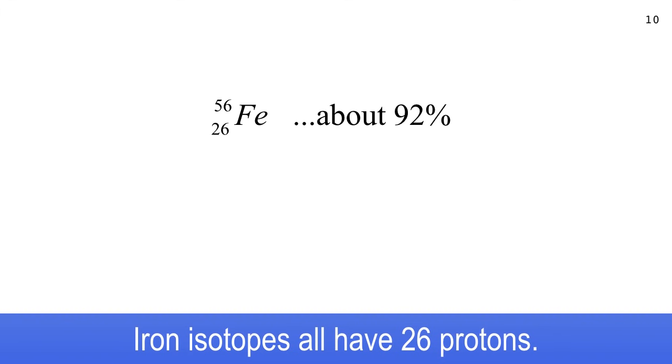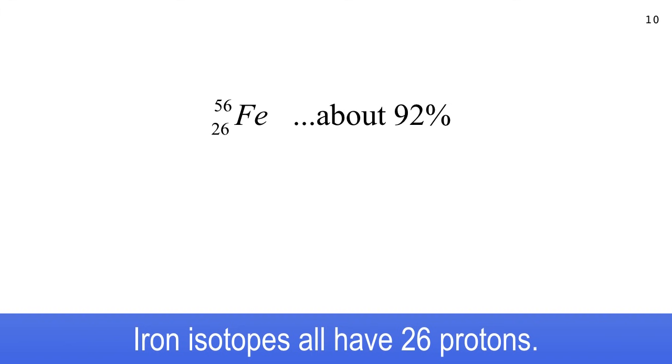Now the number downstairs, the subscript before the chemical symbol Fe, that's the atomic number. And that tells you how many protons are in the nucleus. Now 56 tells you how many nuclear particles total are in the nucleus. All right? 56 nucleons, so that's like its atomic weight, because most of the weight is in nucleons.